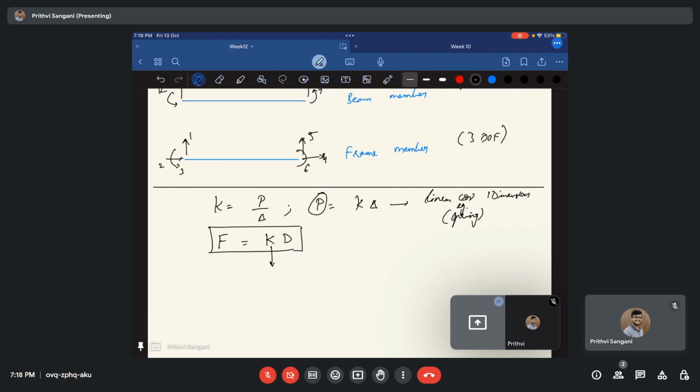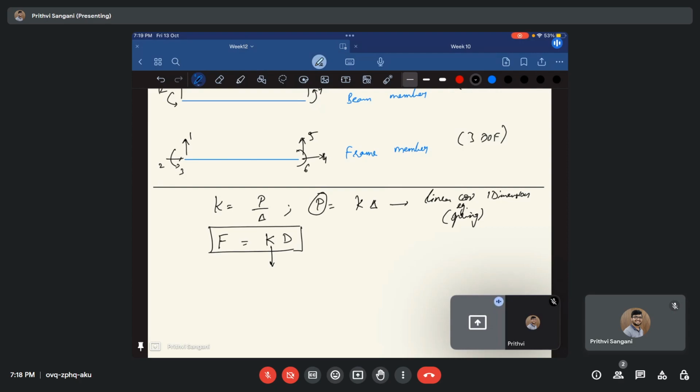We assume a fixed condition, initially find the fixed end moments, and then if there is a release, we release it. So similarly, we will do something like that in order to generate the stiffness matrix also.